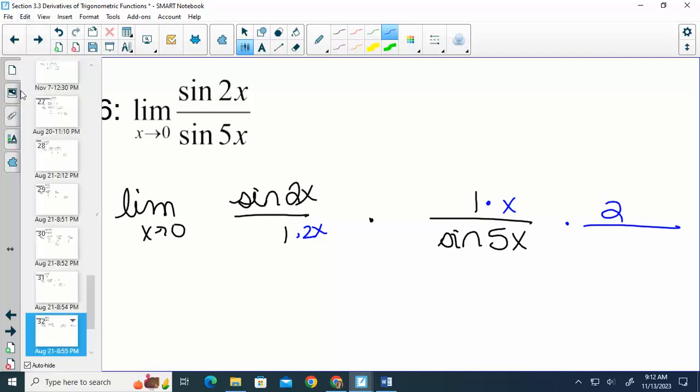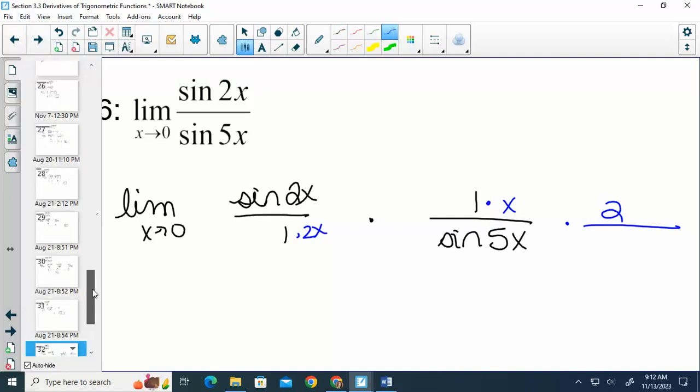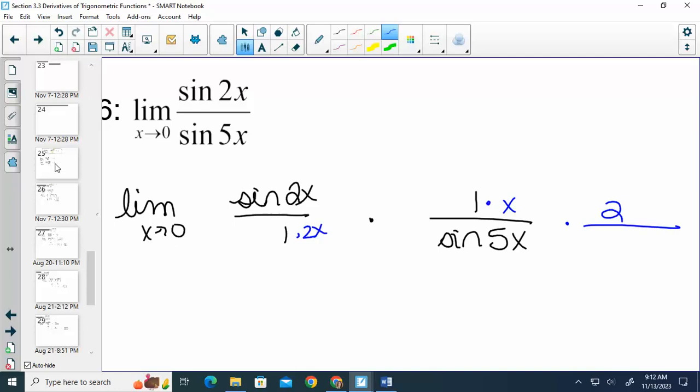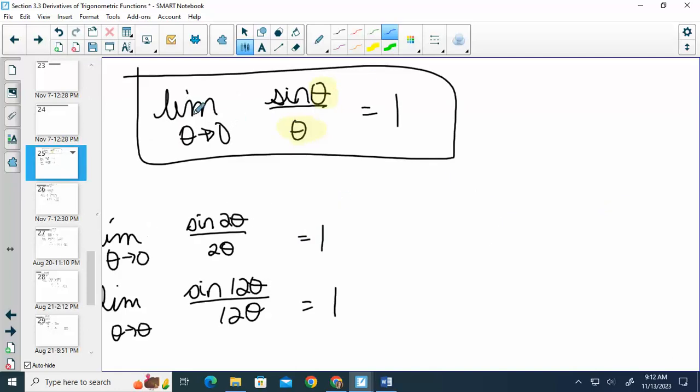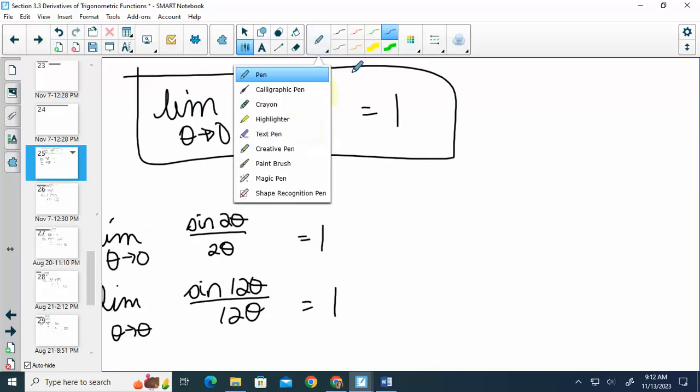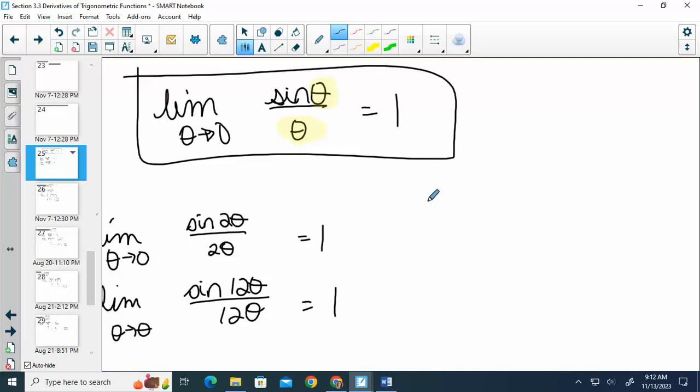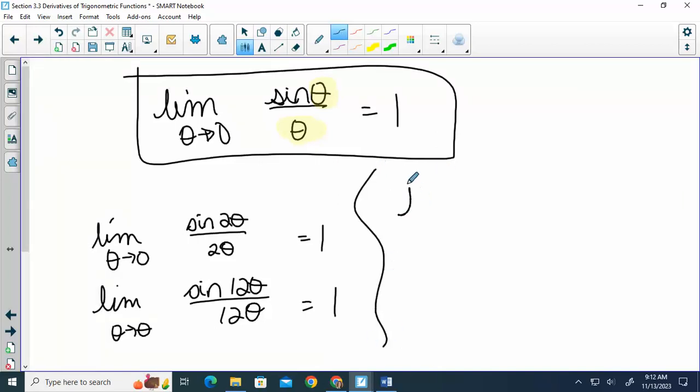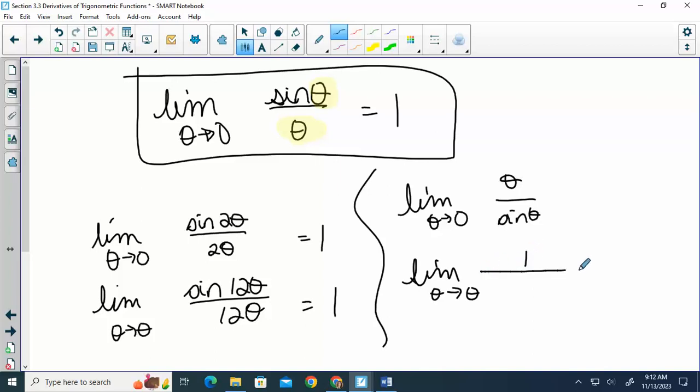So, I'm going to take a little side detour for a second. We've been using this property the whole time. If I did the reciprocal, theta over sine theta, does it still work? So if we think about this, a reciprocal is basically 1 over something, right?